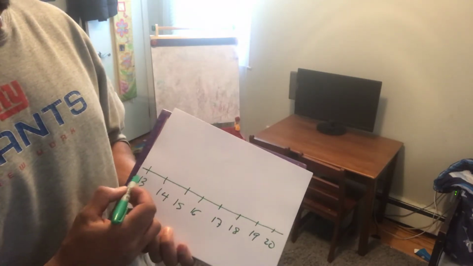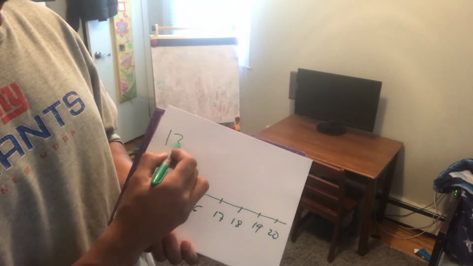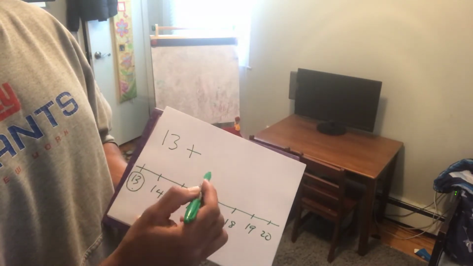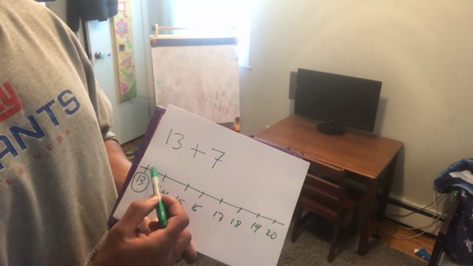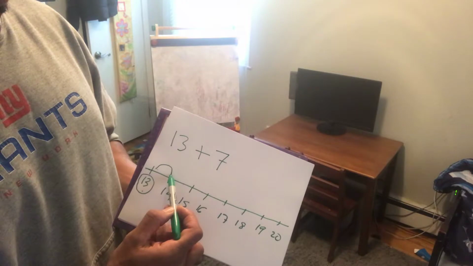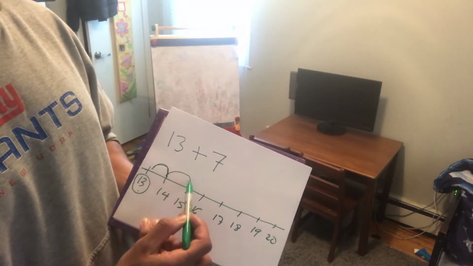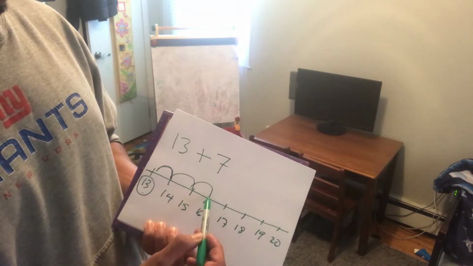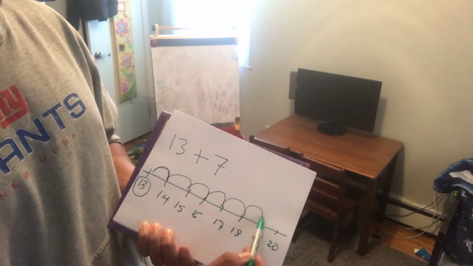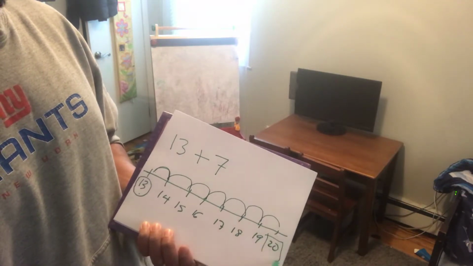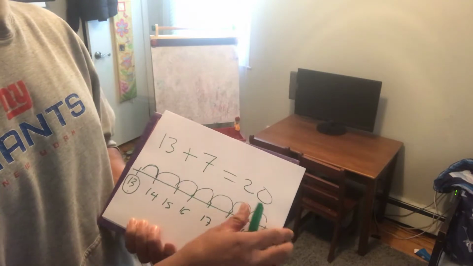So I can ask myself here, what can I add to 13 to get me over to 20? So 13 plus 7: you're going to add 1, 2, 3, 4, 5, 6, 7. So 13 plus 7 is equal to 20.